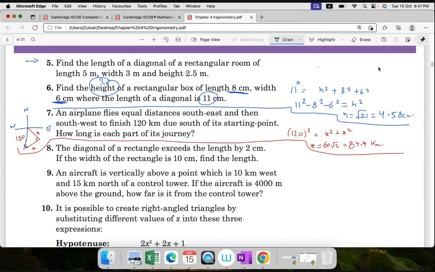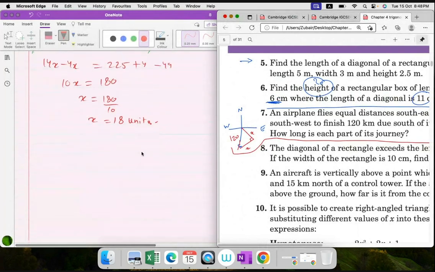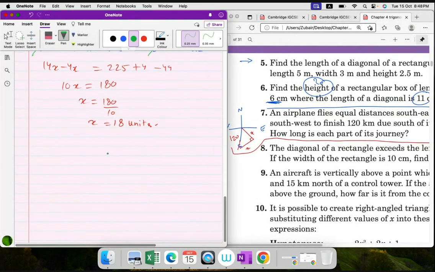Yes, Ali? It said equal distance is south to east and then south to west. So from south to east, there's one line, and then south to west, there's another line. You're talking about question 7, right? Yes, sir. Okay. If the plane starts from point A in the southeast direction, so this is one.